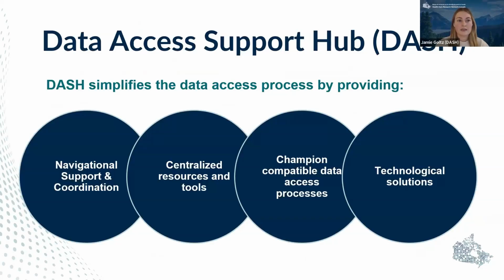DASH simplifies the data access process by providing navigational support and coordination throughout the data access request process, offering a number of centralized resources and tools, which I'll touch on later in this session, working to make sure researchers can access data in a consistent and coordinated way across these institutions, and integrating technological solutions to streamline and progressively automate a data request process.